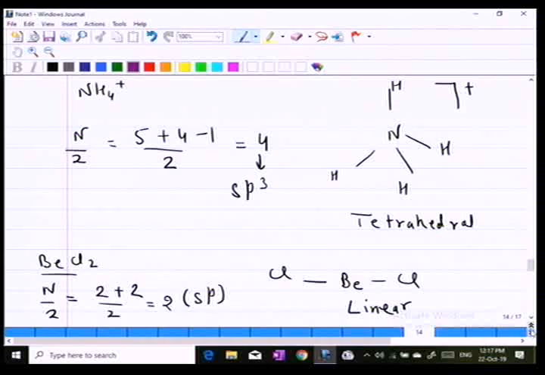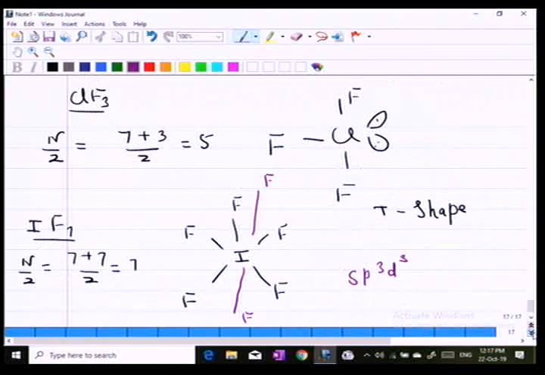Anyone wants to copy anything? Any shape? So you have improvised the statement. Very good. Okay, fine.